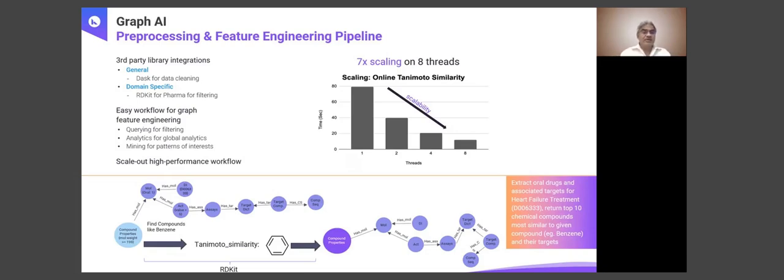So let's take a look at what this is. In this particular company, they had a big medical knowledge graph, and then they gave us a query, which I've shown in the bottom right. The query says, extract oral drugs and associated targets for heart failure treatment, return the top 10 chemical compounds most similar to a given compound, such as benzene in this case, and return their targets.